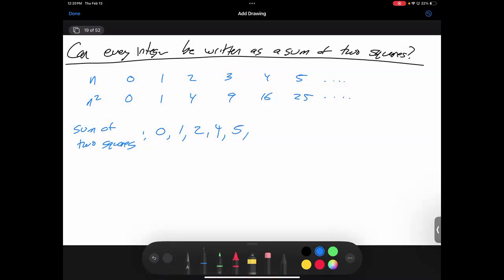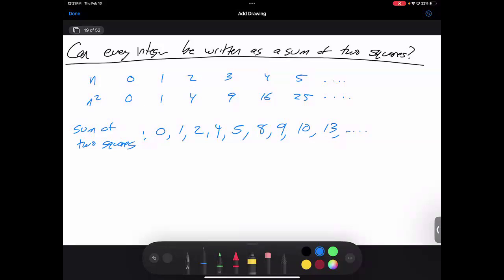What's the next one? 8. What's the next one? 9, 10, 13, right? So the question is, which numbers can we get? Do you notice anything about these numbers? 0, 1, 2, 4, 5, 8, 9, 10, 13.